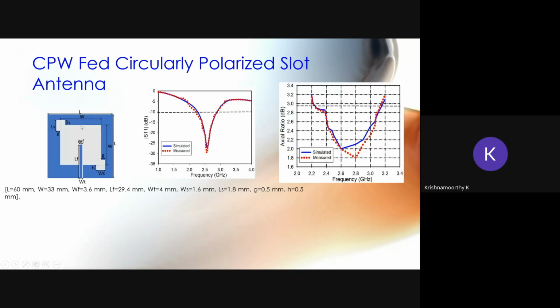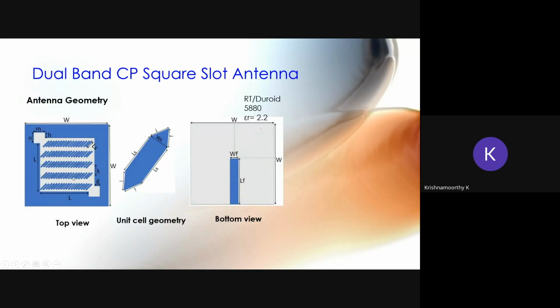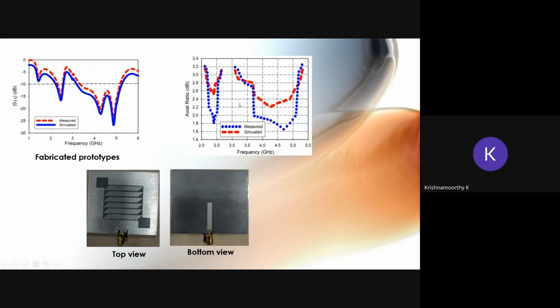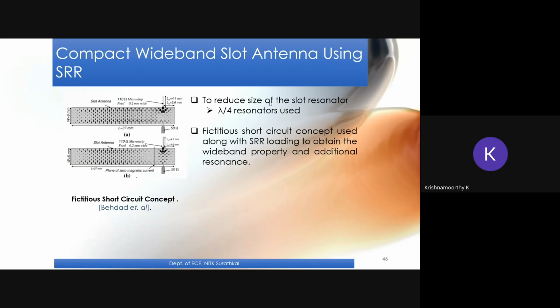This is the corner expansion, opposite to the microstrip patch antenna. This corner expansion gives the circular polarization at one single resonance frequency. With this antenna loaded with this kind of metallic structure, we can get the circular polarization at dual bands. These are the radiation characteristics of the antenna here.